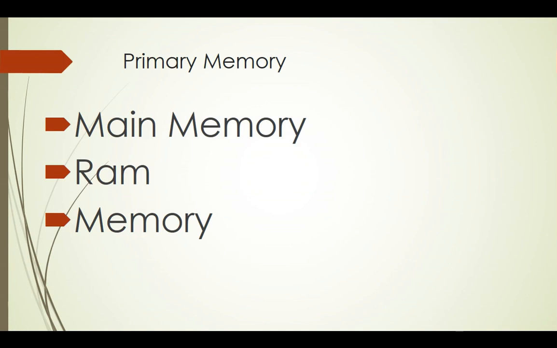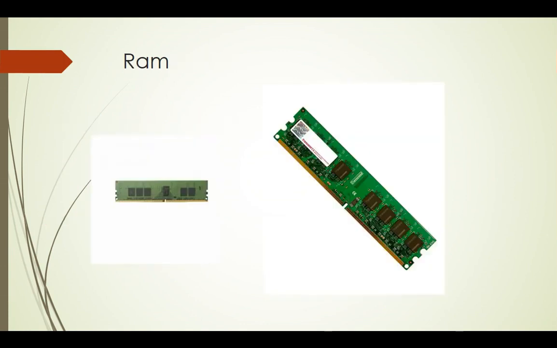Now I'm just showing you the RAM, how it looks. Many of you have seen this in your computer systems when you disassemble them. RAM is called primary memory because it is directly connected to the processor's address bus and data bus.